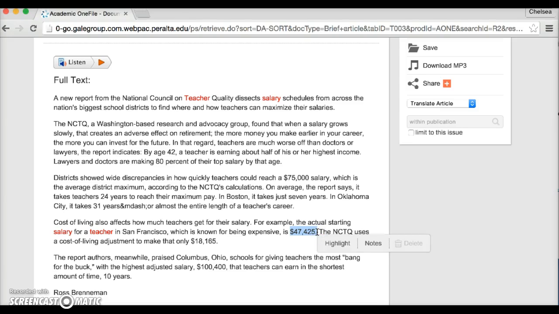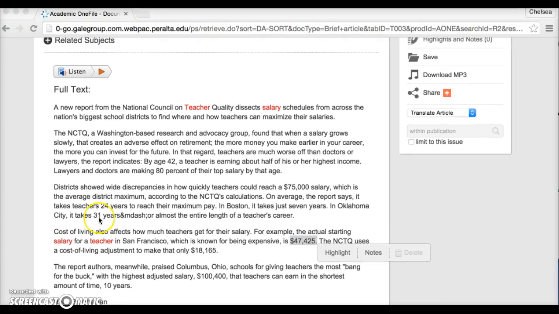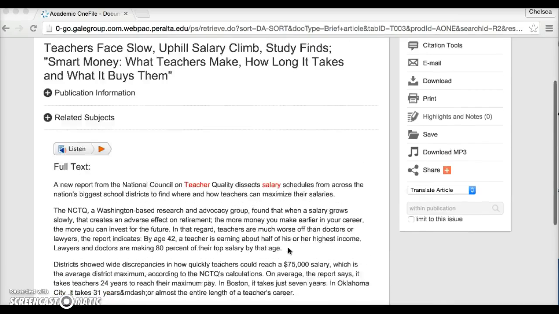Rent prices are an average of $2,000. As you can see, teachers don't make enough money to really sustain a good lifestyle, something like that. So I found some really good evidence quickly for my paper.